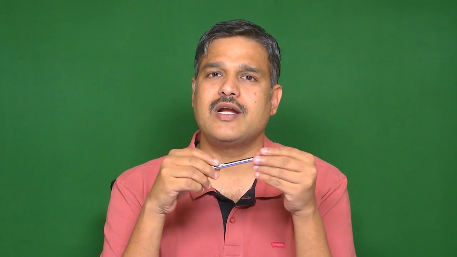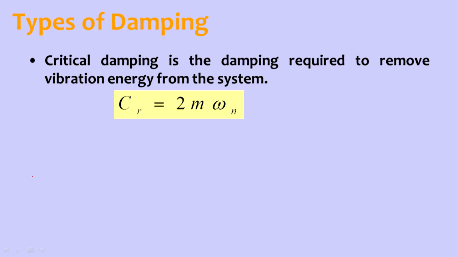And over critical damping is damping which is more than required. This critical damping can be estimated using the formula 2 m omega n, where m is mass measured in kg and omega n is natural frequency measured in radians per second. So, this is critical damping.